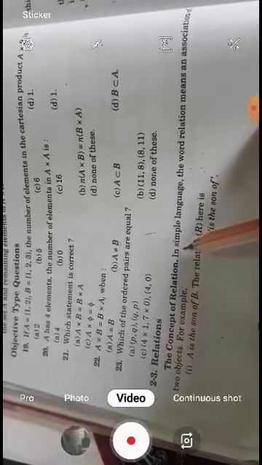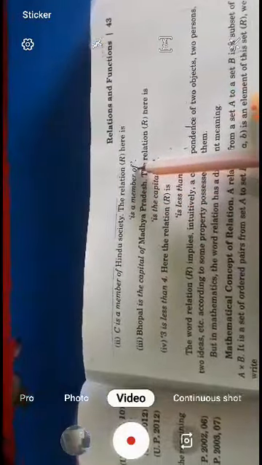Now the next topic is relation. The concept of relation: in simple language, the word relation means an association of two objects. For example, A is the son of B; the relation here is 'is the son of'. Similarly, C is a member of Hindu society; the relation is 'is a member of'.